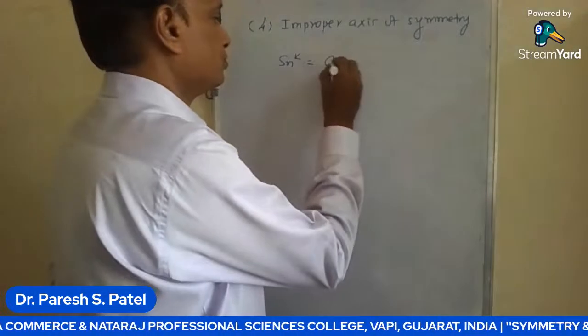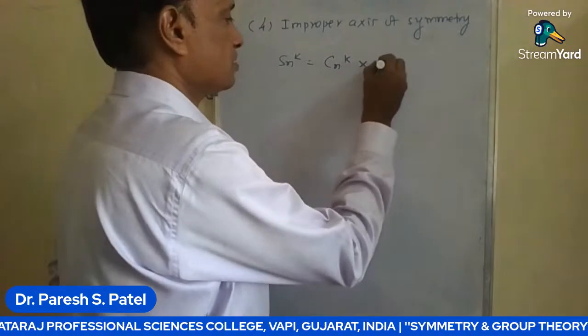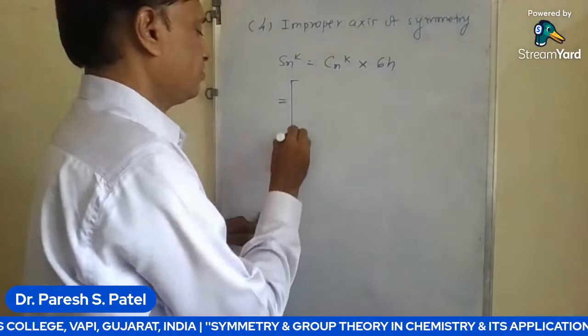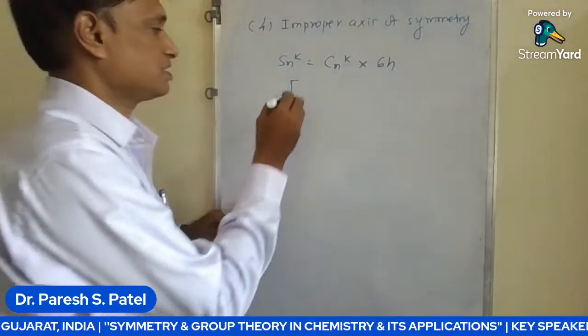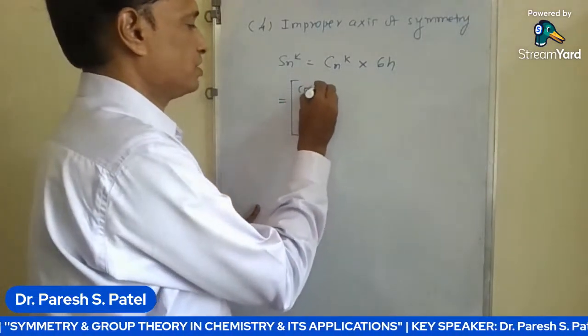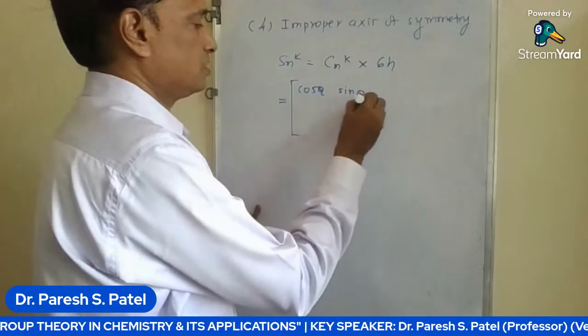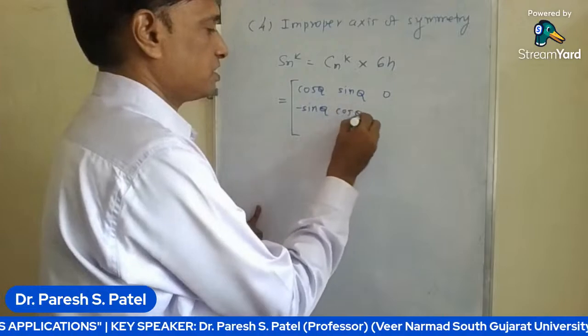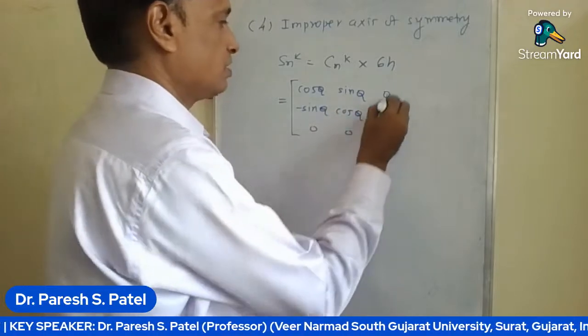SNK is equal to CNK into sigma h. This is the clockwise rotation, and we know the matrix representation for the clockwise rotation: cos theta, sin theta, 0, minus sin theta, cos theta, 0, 0, 0, 1.